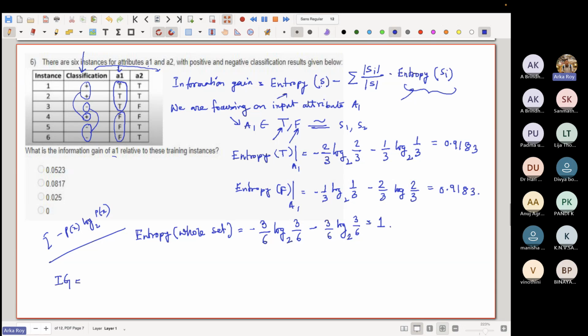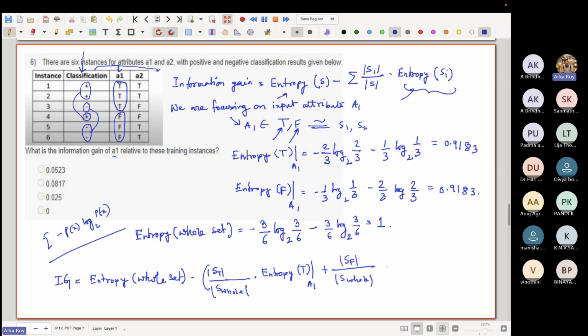So information gain IG is basically entropy of the whole set minus cardinality of S true divided by cardinality of S whole, multiplied with entropy of true, given the input attribute is A1, plus cardinality of false divided by cardinality of whole multiplied with entropy of false, given the input attribute is A1.